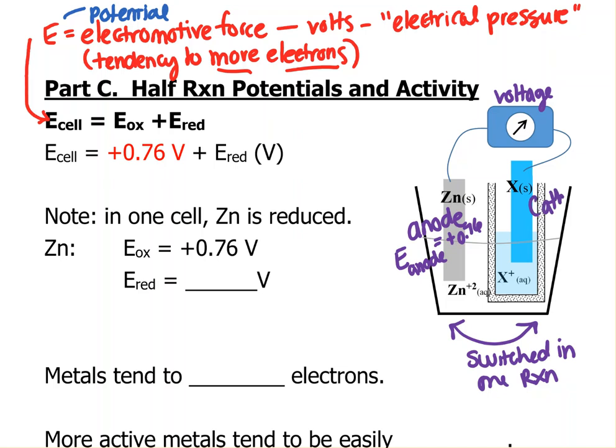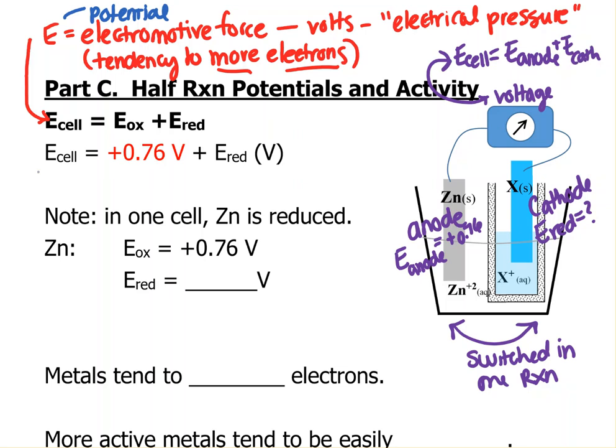So this is the cathode, and we're going to figure out its reduction. And this one that we read up here is like the total of the two, so it'll just be a subtraction problem.